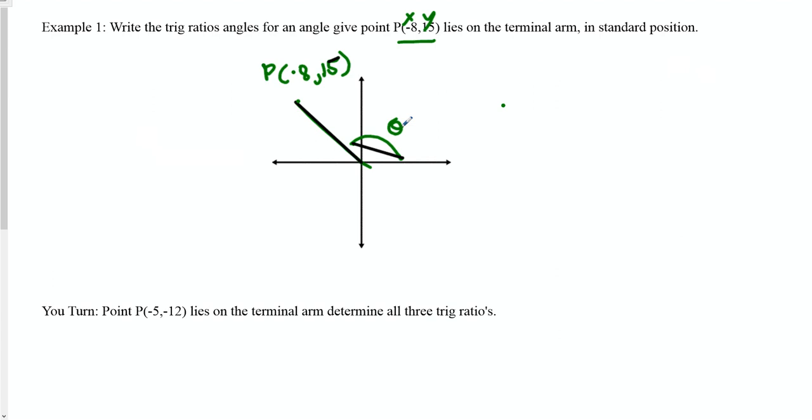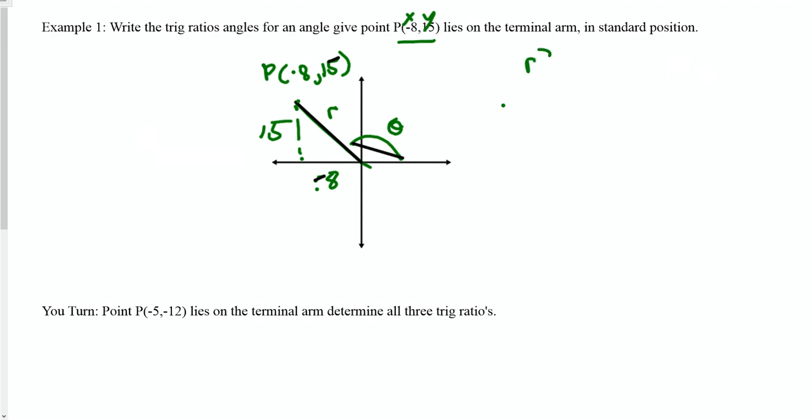So now to do that, I have my x and y, but I also need my r value. That's unknown. And remember, so this would be 15, and this would be -8. So with that, I can find r using Pythagoras.